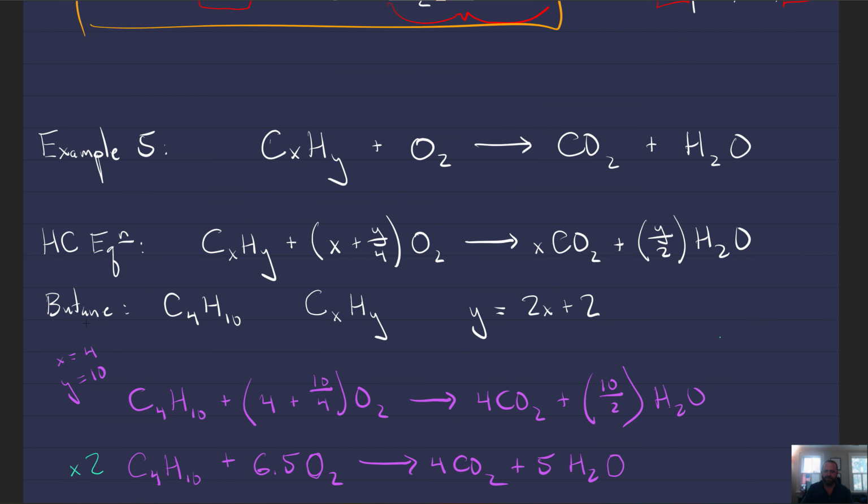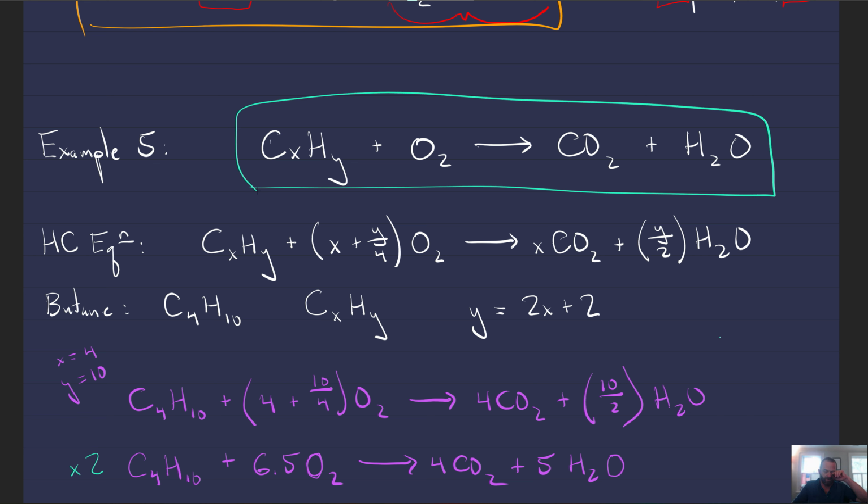Now, for those of you that are interested, if you see a hydrocarbon and you have a good memory and you maybe don't enjoy memorizing stuff, but it's not too much of a problem for you, there is a simple equation. So if you remember back, this is our general hydrocarbon combustion equation, it's not balanced, right?